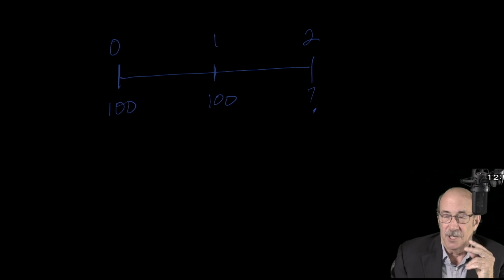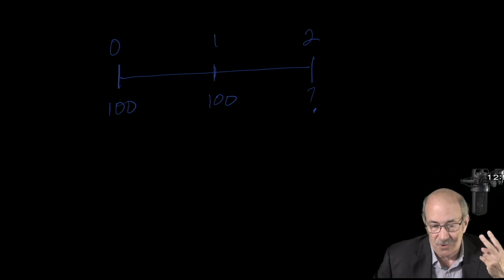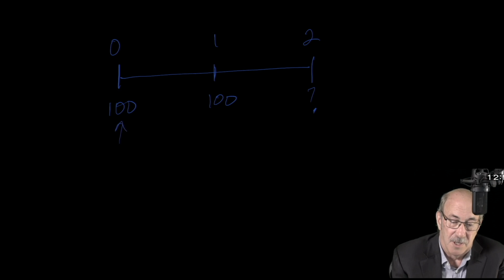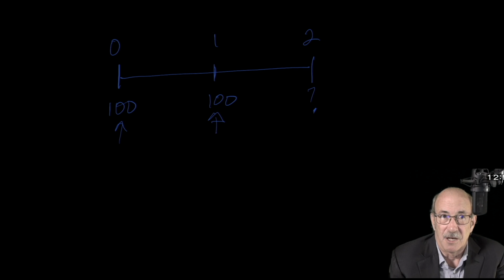I'm actually going to break it into 2 steps here. What I'm first going to do is figure out the present value of $100 plus a single year of payment at $100. And I'm going to figure out what is the value of that right here.